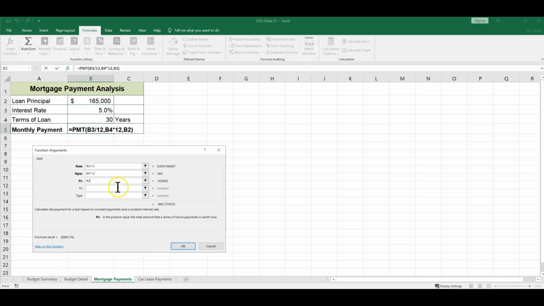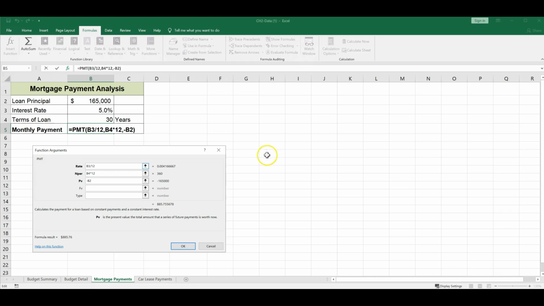Well, that's because present value is basically saying, in the future, how much did you borrow 30 years ago? Again, it's a complicated financial explanation, but essentially what we need the present value to be is a negative number.